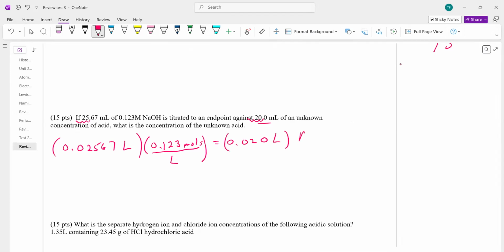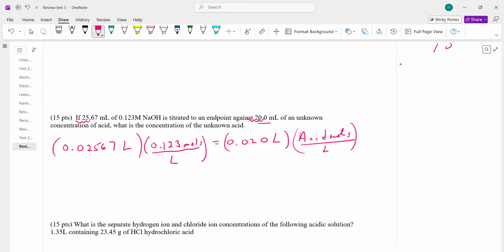And this is the acid concentration in moles per liter. At the endpoint, when neutralization occurs, this is true. Only at the endpoint or the equivalence point. Otherwise, this is not valid.